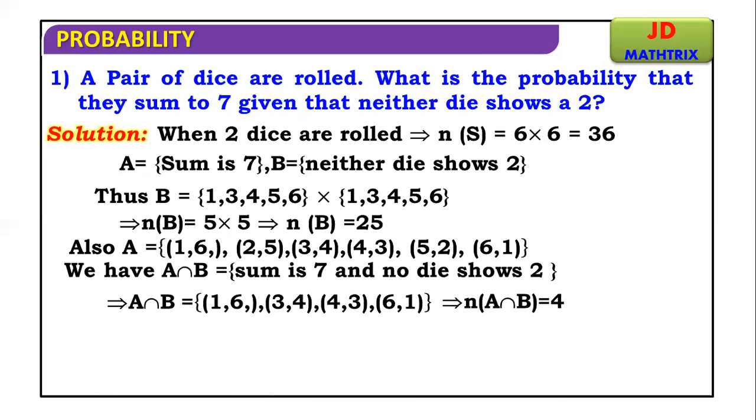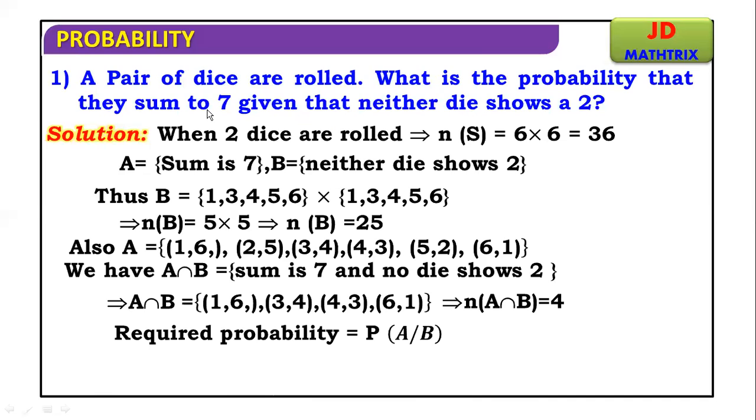Now the required probability. Here we are defining B as neither die shows 2. That means the first event is B and the next event is A. So the probability of the required event can be written as P of A given B, because the first event B, neither die shows 2, has occurred.